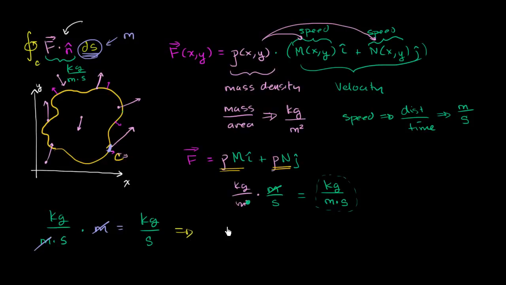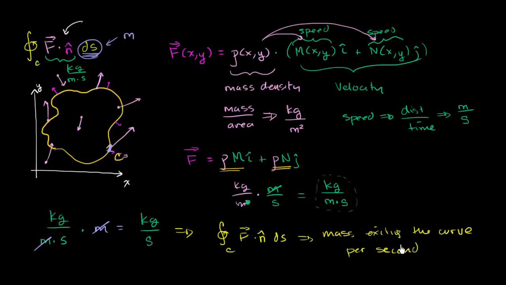So this whole integral, let me rewrite it, of f dot n ds tells us the mass exiting the curve per second.